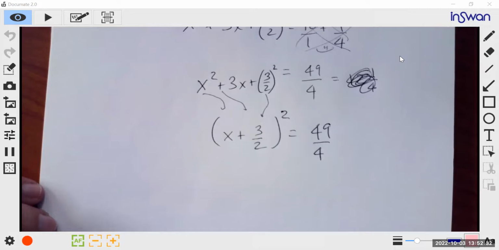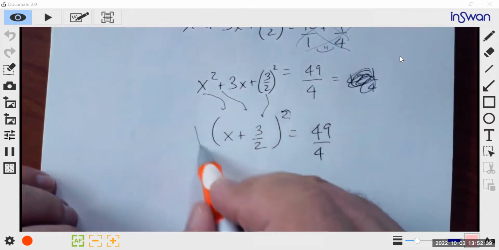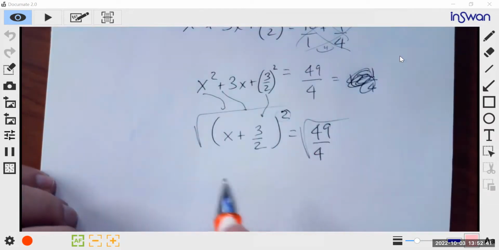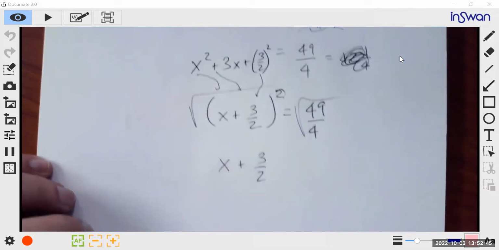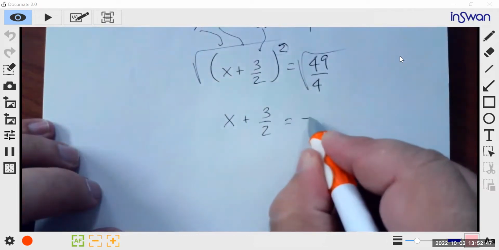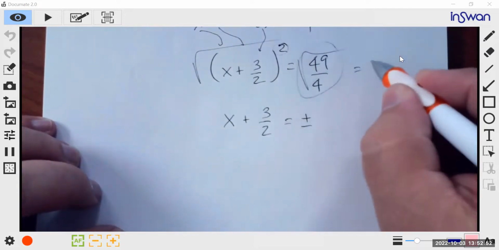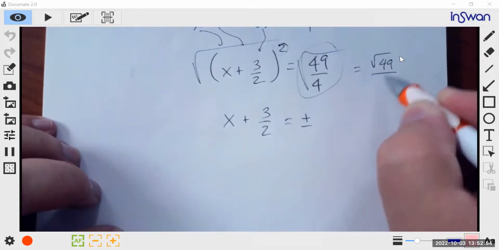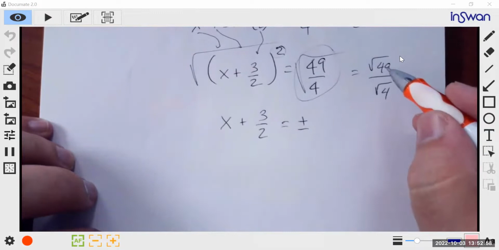Next step. Square root both sides. We have to get rid of the square, so we square root both sides. On this side, I can take both the top and the bottom separately. Square root of 49 is what?